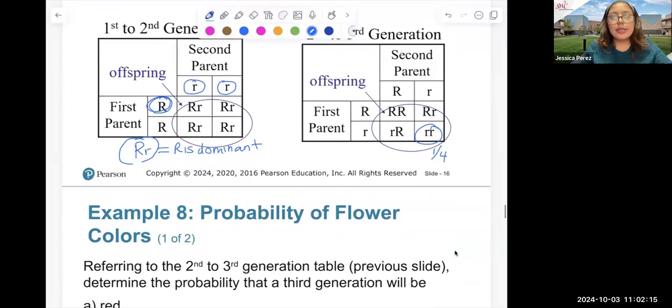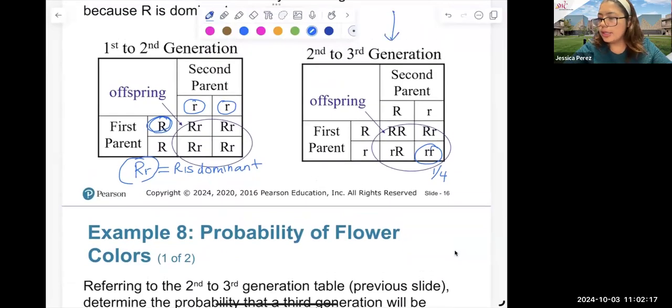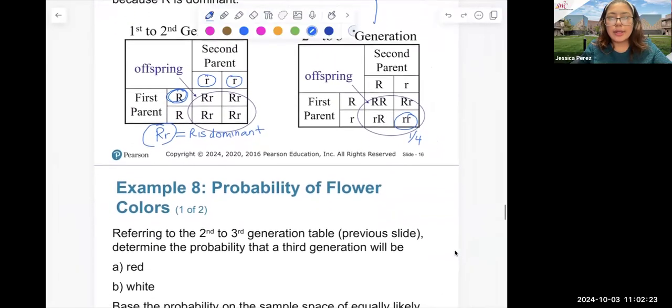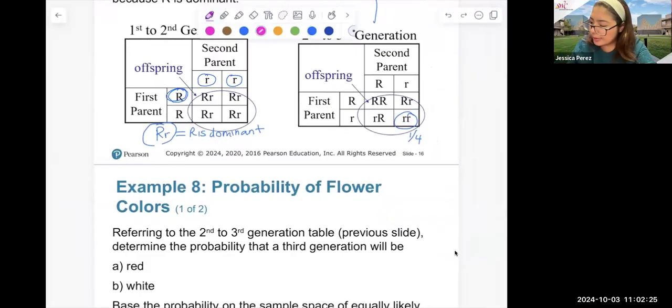Referring to the second and third probability table, we're looking at this table now. On the previous slide, determine the probability that the third generation will be red. Well, let's look at what gives you red. Big R and little r: how many do you have? You have two of those, and this will give you a red.